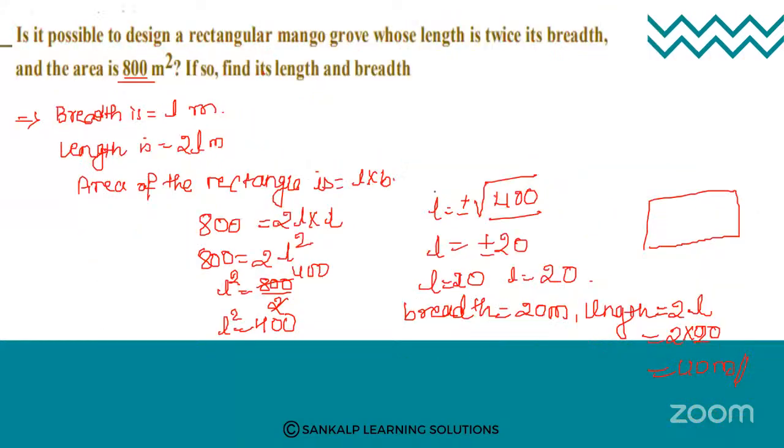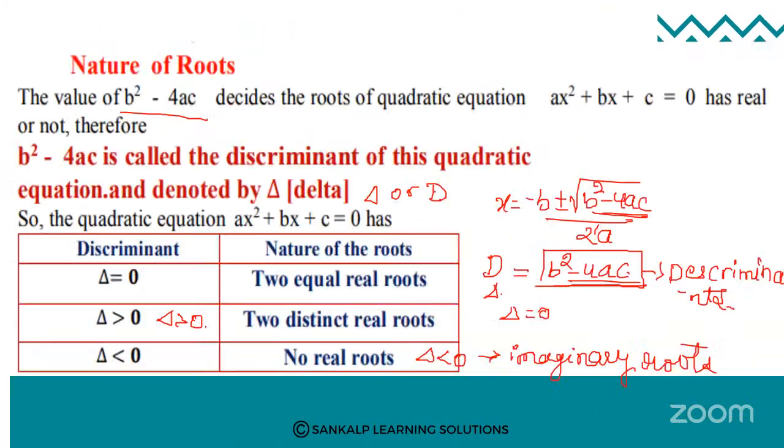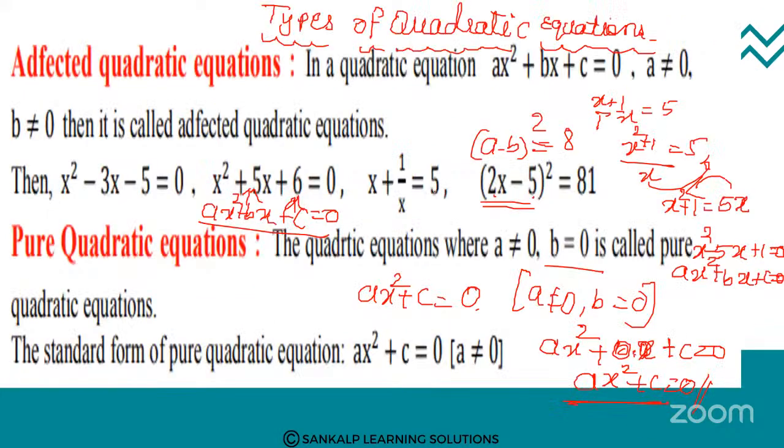Yes, my dear students, in the quadratic equations, what do you mean by quadratic equations and types of quadratic equations? Affected quadratic equation, pure quadratic equation, and the general form is ax square plus bx plus c is equal to 0. And for pure quadratic equation, ax square plus c is equal to 0.